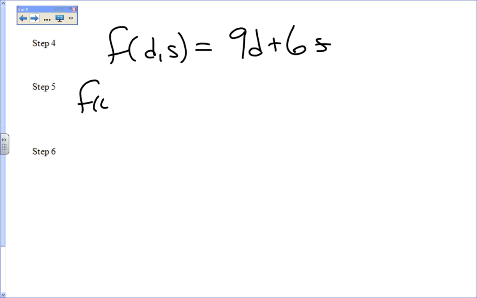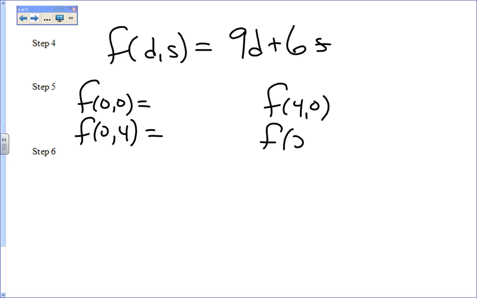So f of 0, 0, f of 0, 4, f of 4, 0 and f of 2, 3. Well, 0, 0 is probably the easiest because you're going to put 0 in for d and for s, and so the answer is 0. So that means if I make 0 deluxe and 0 standard, my profit would be 0. All right, that makes sense.